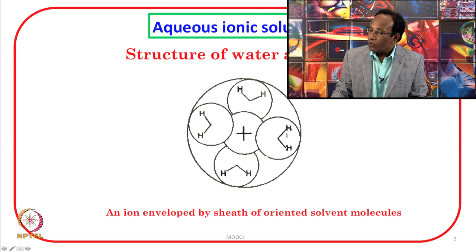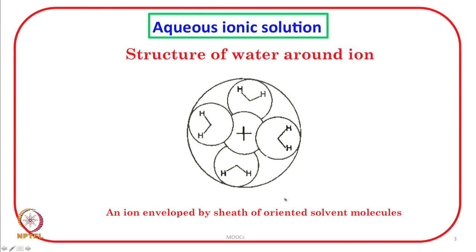However, the number of water molecules which are there in this primary hydration shell, I am calling this as primary hydration shell, in which the water molecules lose their kinetic freedom to the central ion. So, that is why this is an ion enveloped by a sheath of oriented solvent molecules. These water molecules, this number which lose their kinetic freedom to the central ion, is called the primary hydration number.